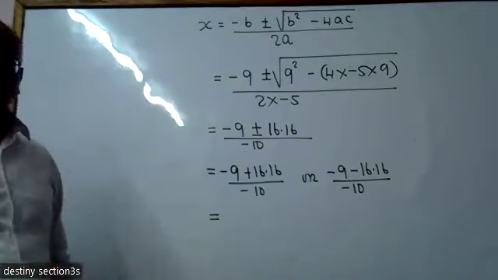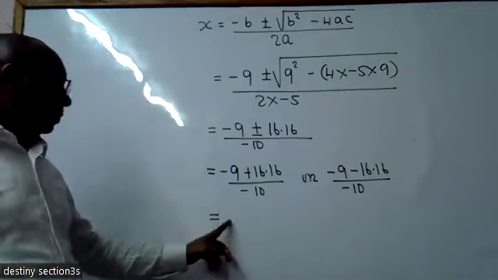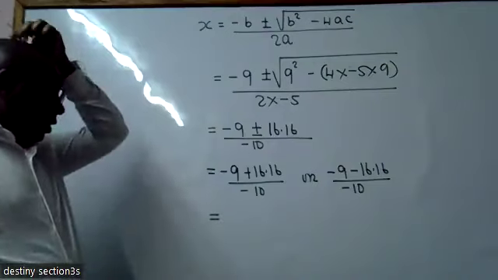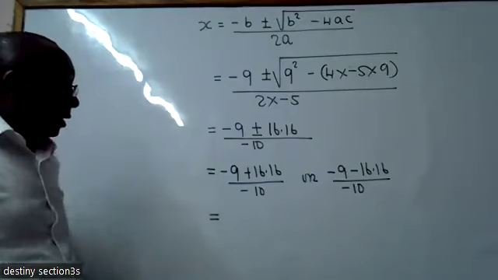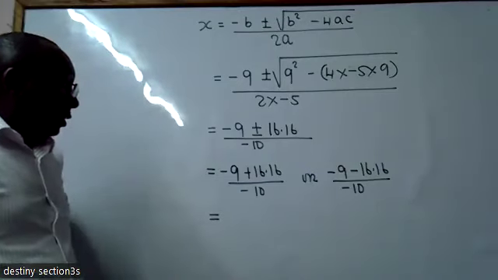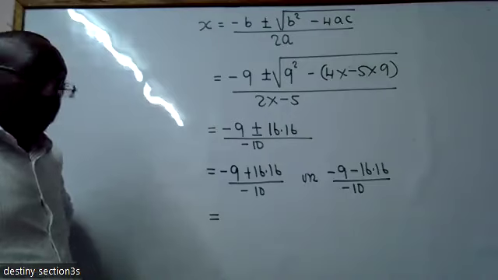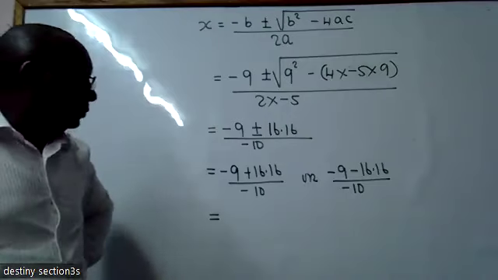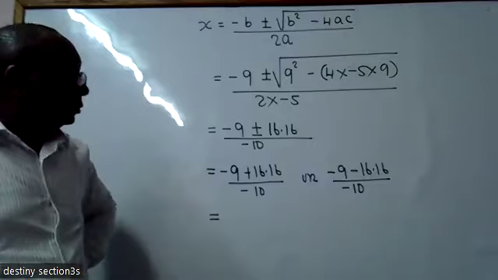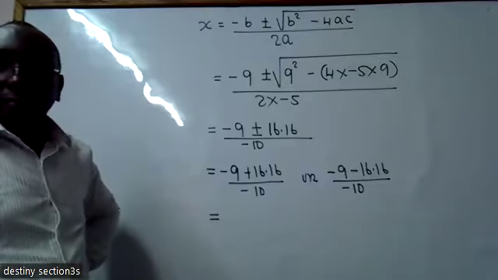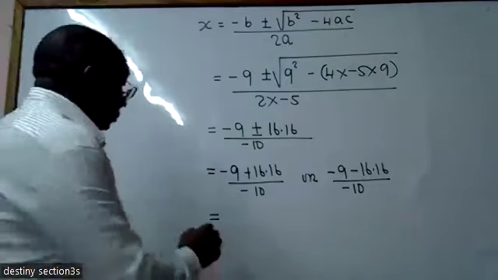So this is supposed to be minus 9 plus 16.16 out of minus 10, or minus 9 minus 16.16 out of minus 10. So if that is true, tell me this one, ya kwanza. That will be minus 0.716.